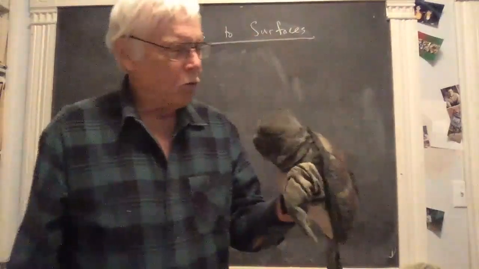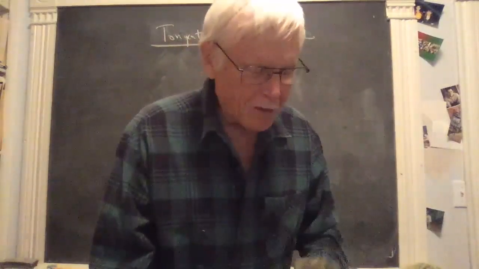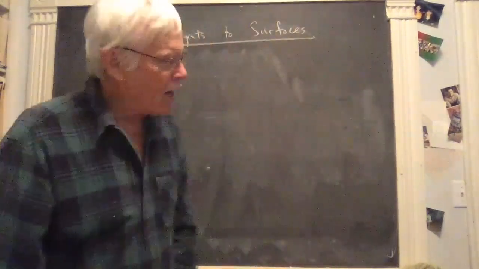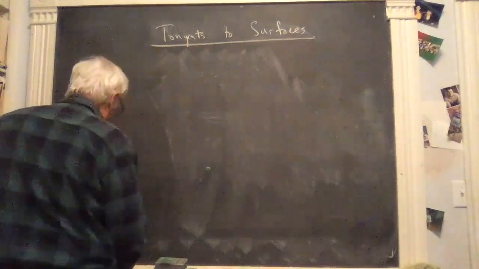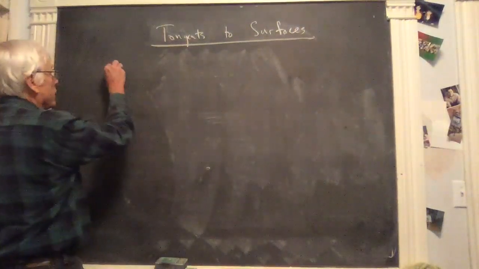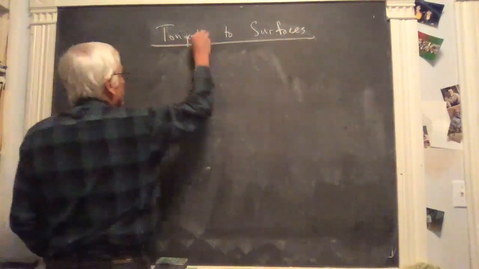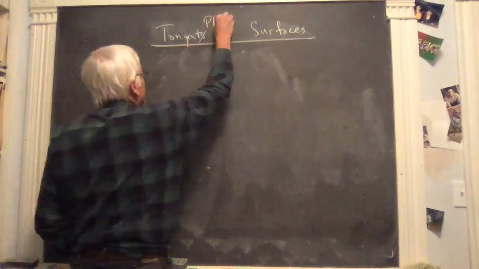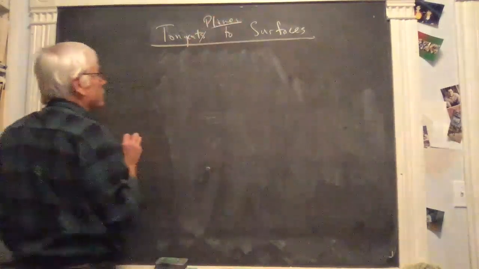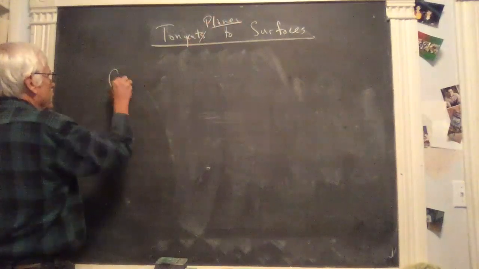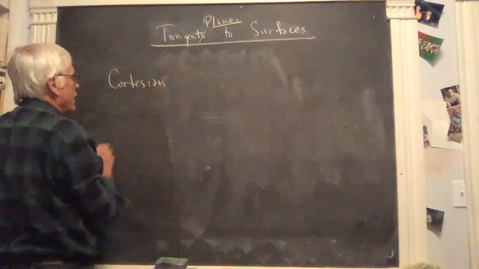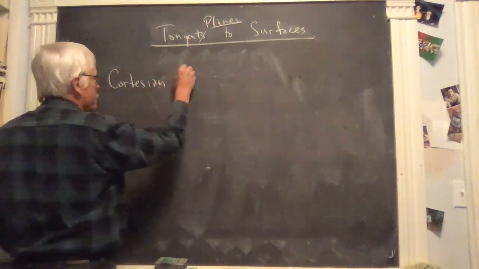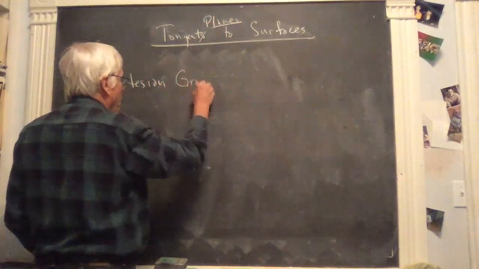Yeah, you're welcome. So let's take a look and see how this works and how to find these things. We looked at tangent planes in this case. So we want equations of tangent planes, and we can look at them in Cartesian form. The Cartesian form is actually Cartesian graphs.